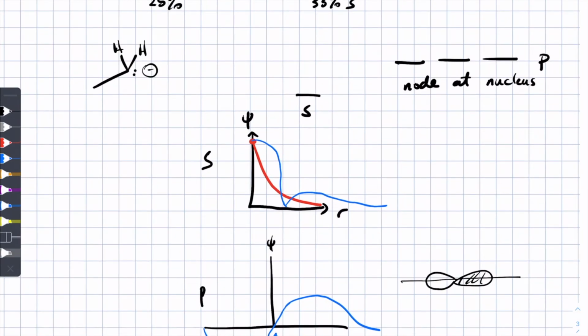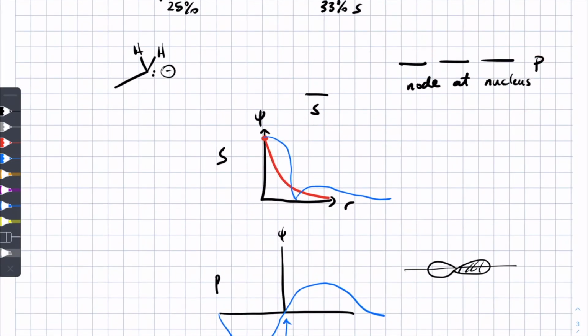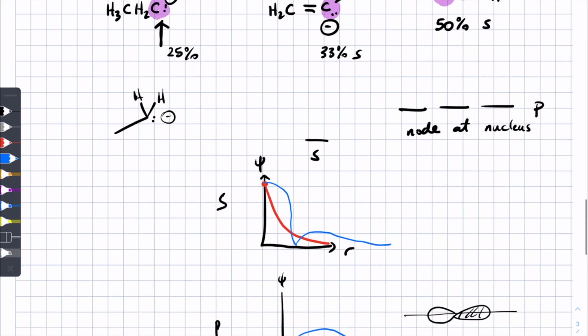So if we start to mix s and p together, it's just sort of an averaging thing, right? sp hybridization comes by mixing an s orbital with a p orbital. So it's going to be 50% s and therefore lower in energy than the sp2, which has 2 parts p and 1 part s, 33% s, versus 25% s, which would be highest in energy.